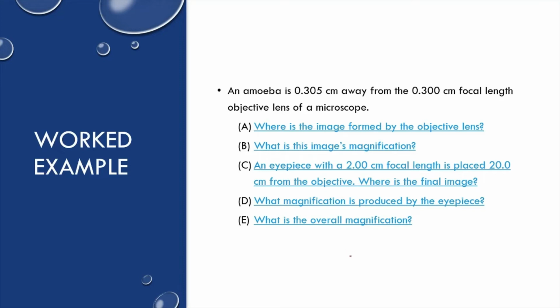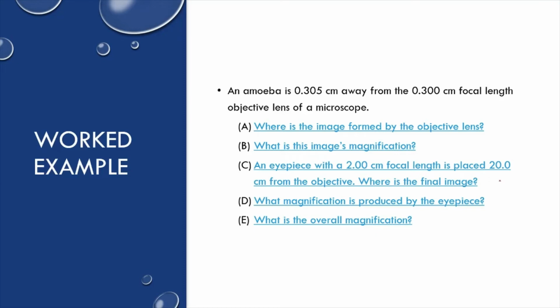So we will calculate the SIE. From the problem, the focal length of the eyepiece is 2 cm and the eyepiece is placed 20 cm from the objective. The position of the eyepiece from the objective is also known as the length of the microscope. So, the length of the microscope is 20 cm.